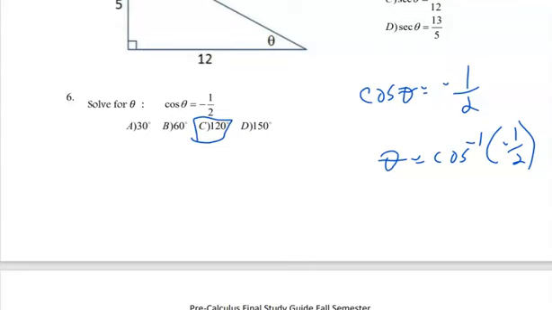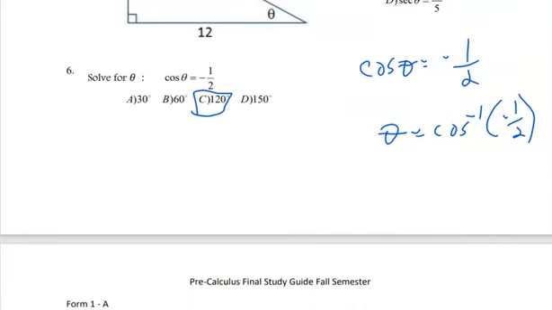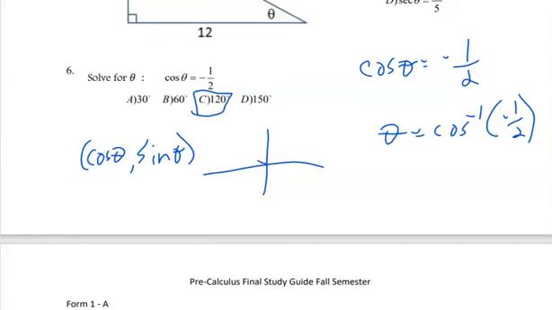The only other way you could do it is use the unit circle, but you don't have to. On the unit circle, the coordinates go cosine of theta and then sine of theta. You look all across the unit circle for the coordinate where the cosine value is -1/2. And if it's 120, it must be over here.